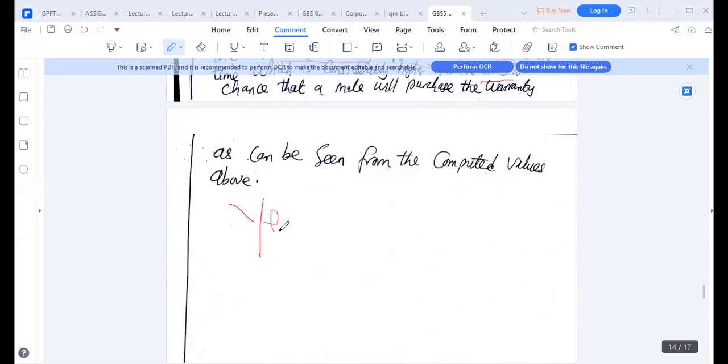So yes, female customers are more likely to purchase the extended warranty.